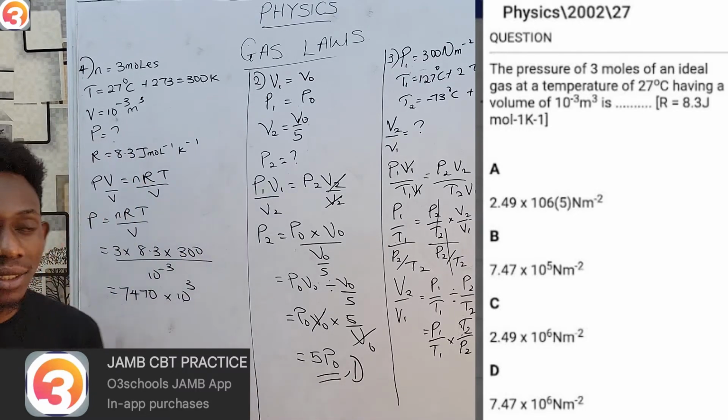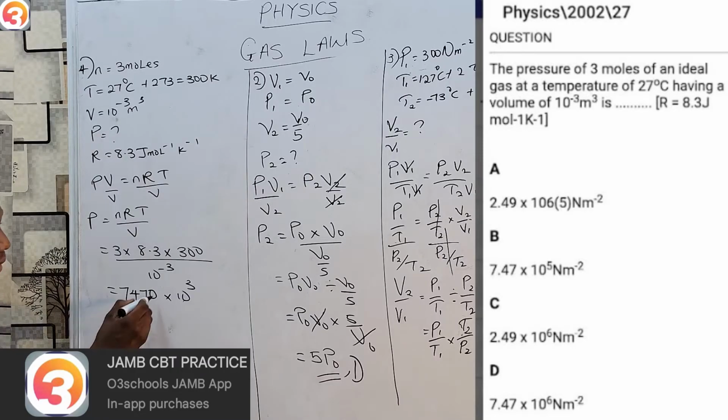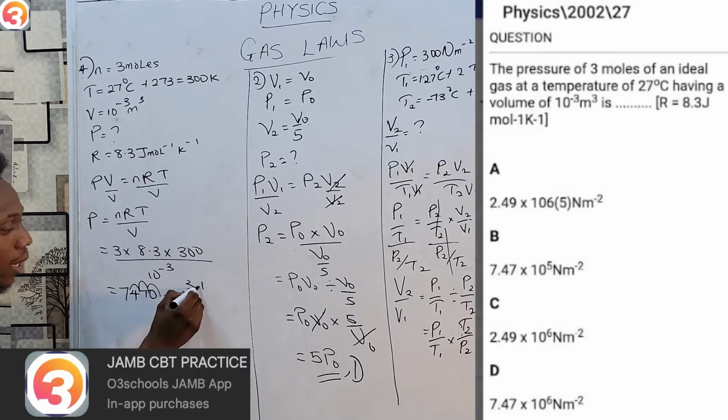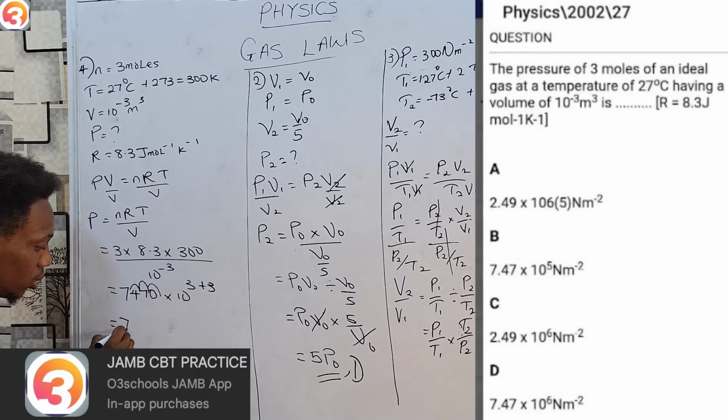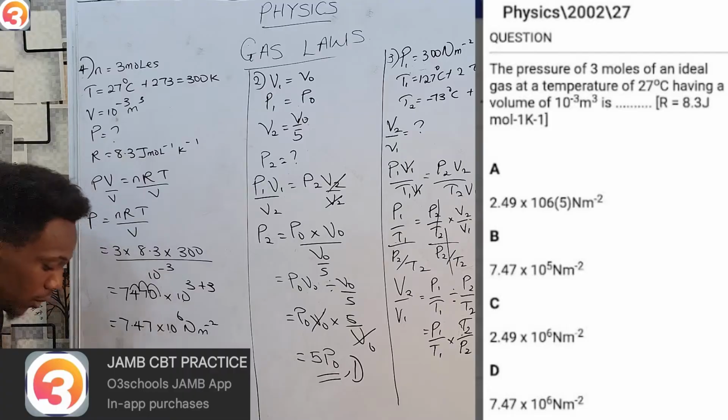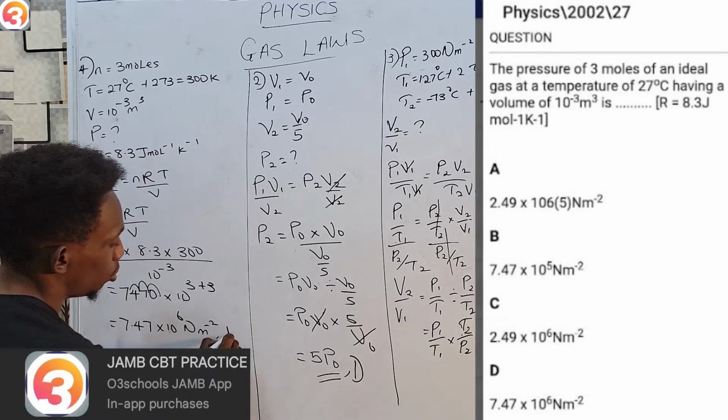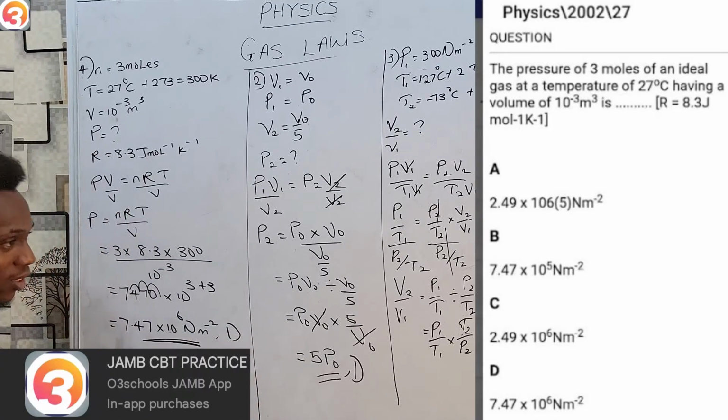My options are all in standard form, which implies that my point would have to leave here and go backwards 1, 2, 3 times, meaning I will add 3 over here. 7.47 times 10 raised to the power 6 Newton per squared meters. And that is option D.